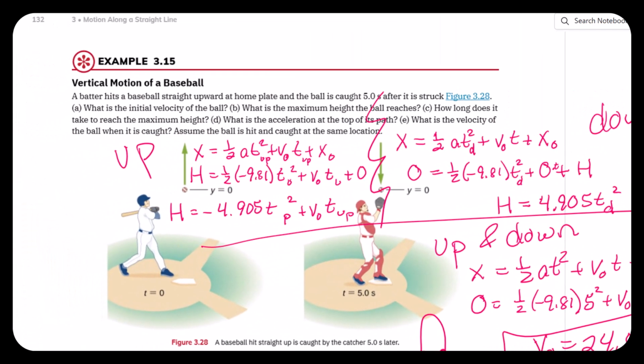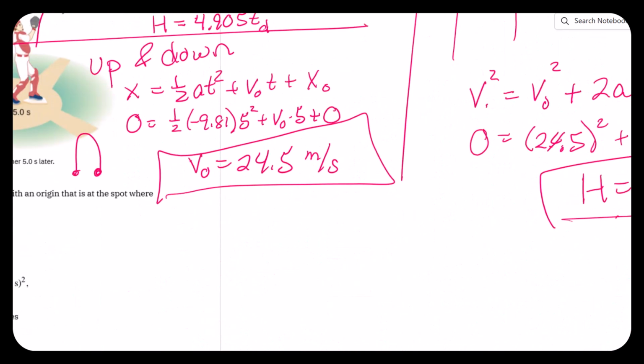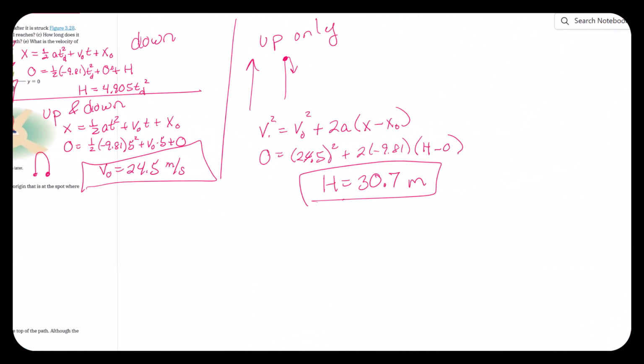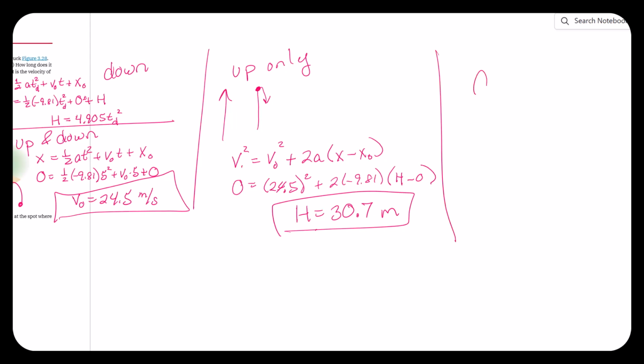Okay, so on the way up it goes that high, and then what is the velocity when it is caught? Whenever it is caught, we can go down only.